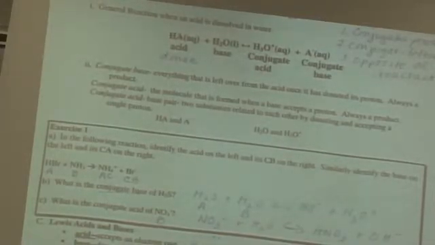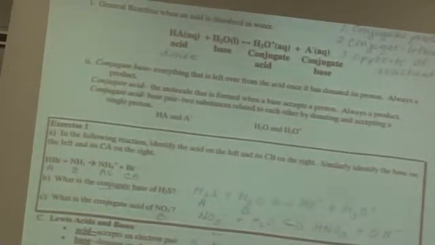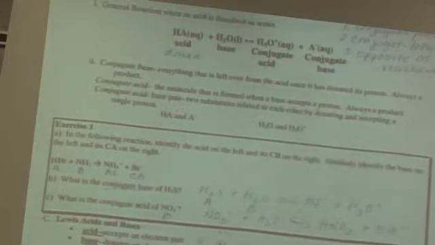Okay, more vocab. Monoprotic means it is capable of donating 1 hydrogen ion. There it is. This, you will notice, is the acetate polyatomic ion, and the acid is called acetic acid. A diprotic means it is capable of donating 2 hydrogen ions, 1 at a time, which makes these problems very nice and simple.